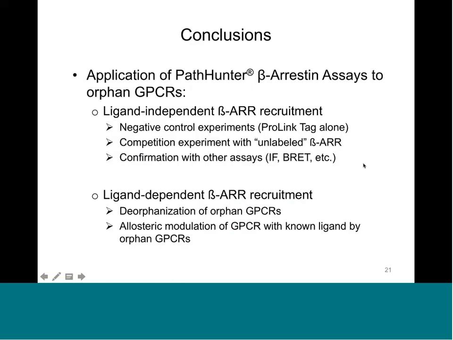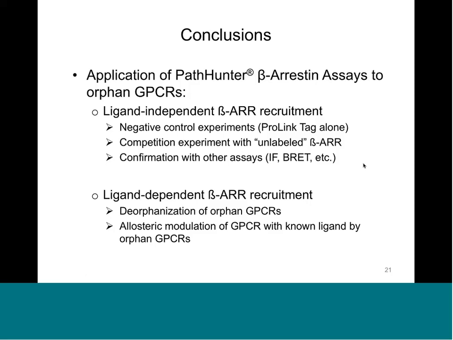So let me now conclude more generally. I think it's of quite interest to see that this beta-arrestin assay can be used for ligand-independent beta-arrestin recruitment and ligand-dependent beta-arrestin recruitment.